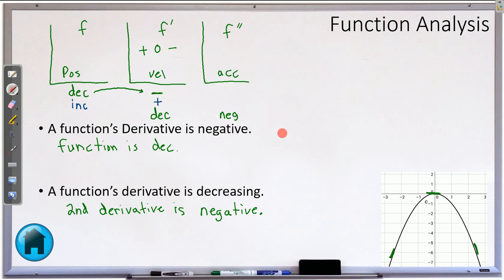If you can visualize that, positive numbers to 0 to negative, I'm hoping one word that can come to mind is decreasing. You're going from positive numbers down to negative numbers. They are getting smaller. They are decreasing. And so if your derivative is decreasing, that means your second derivative must be negative.